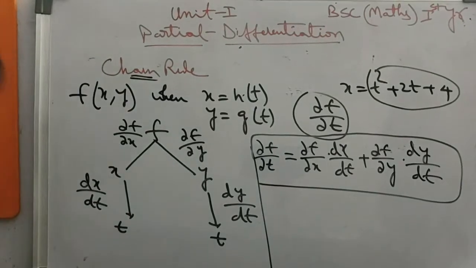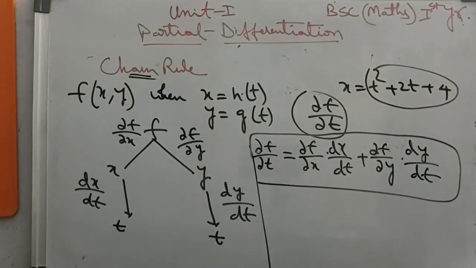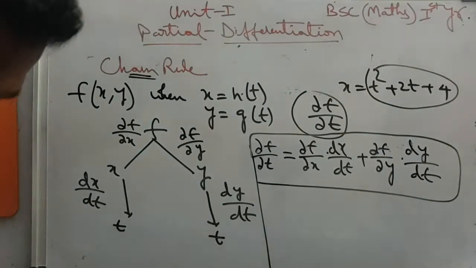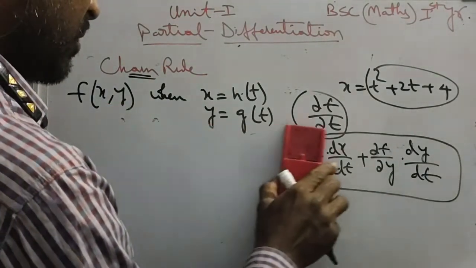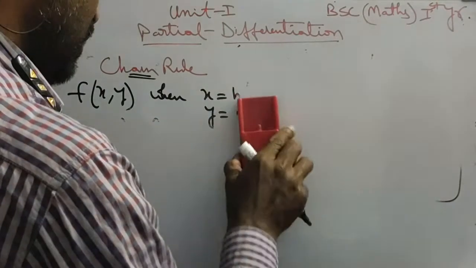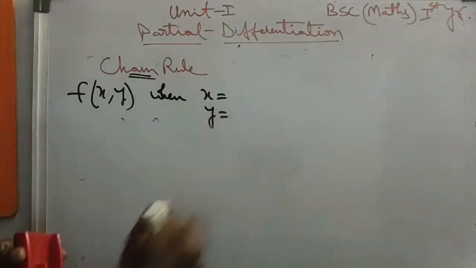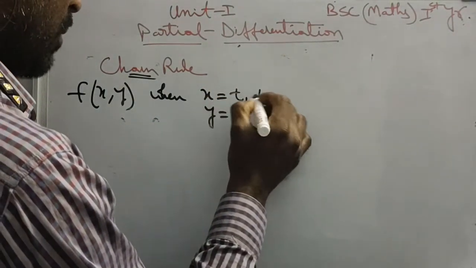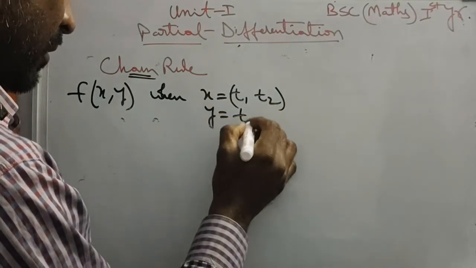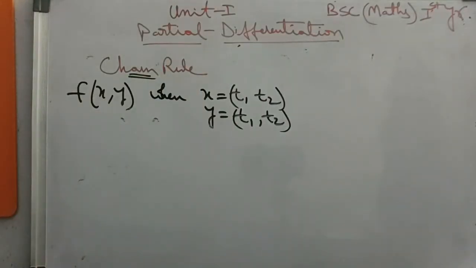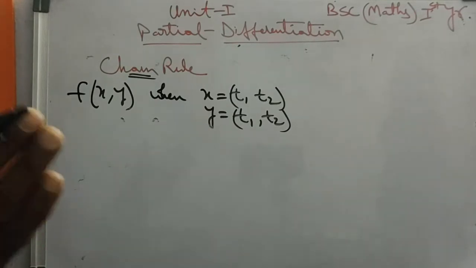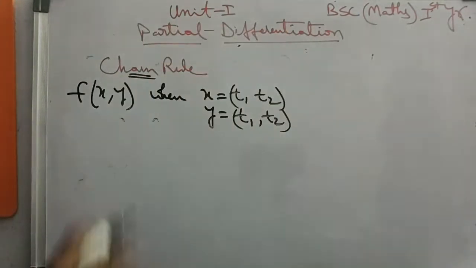Suppose we have terms in two variables, for example t1 comma t2. Here x is in terms of t1 and t2, just like 2t1 square plus 3t2 square, and 3x plus 4y, x and y are two terms, and t1, t2 are the variables.